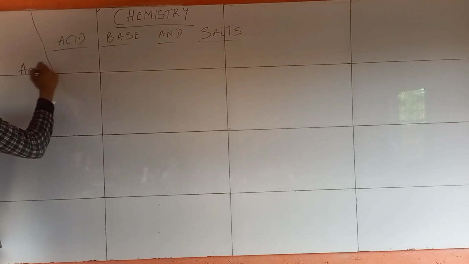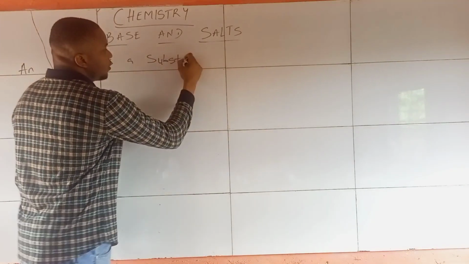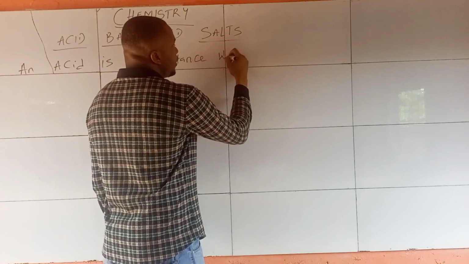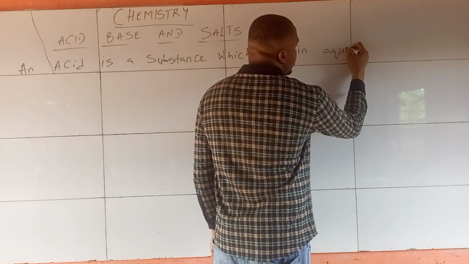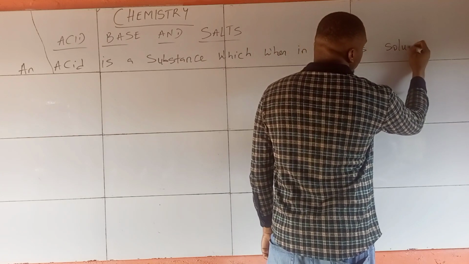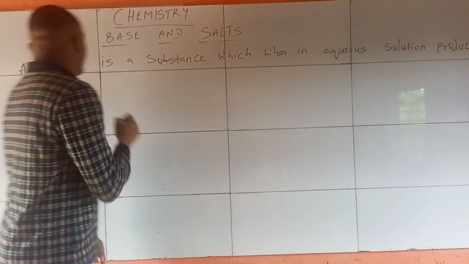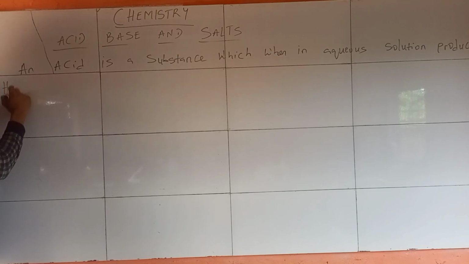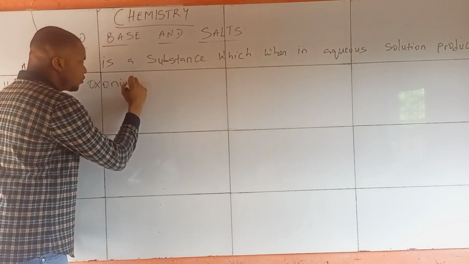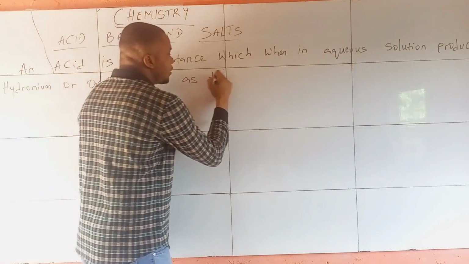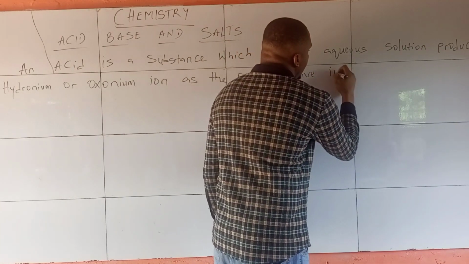An acid is a substance which, when in aqueous solution, produces hydronium or ozonium ion as the only positive ion.